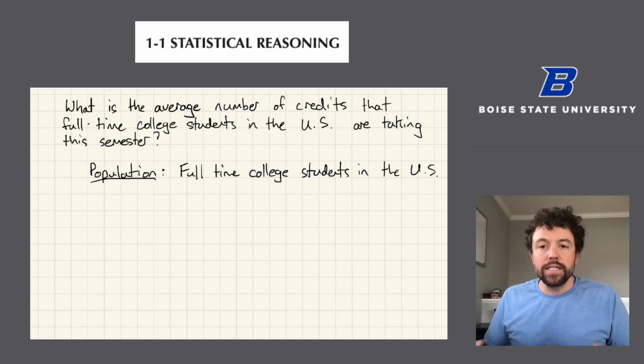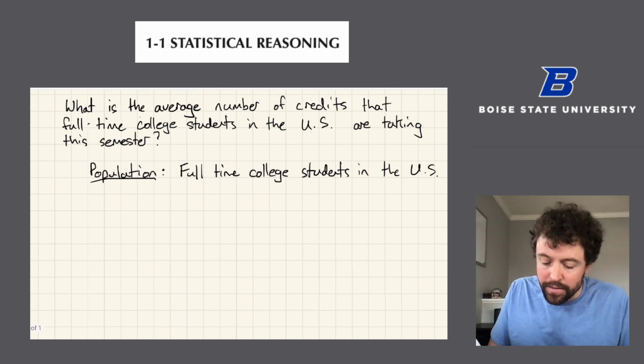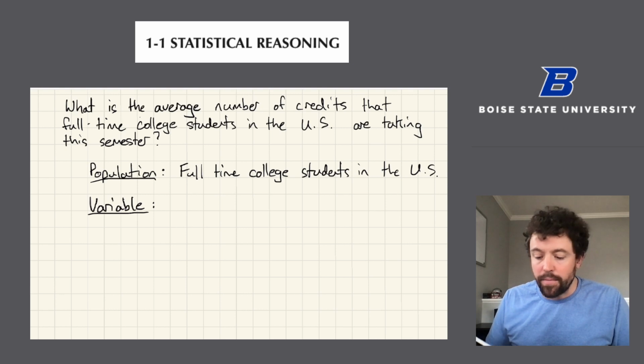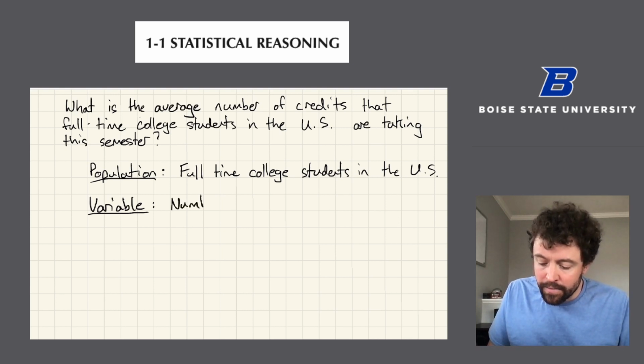And the reason that we can use statistics and mathematics to answer this question is because there's a variable describing that population. So a variable is something that assigns a number or non-numerical value to each individual in the population. And in this case, the variable is number of credits taken this semester.